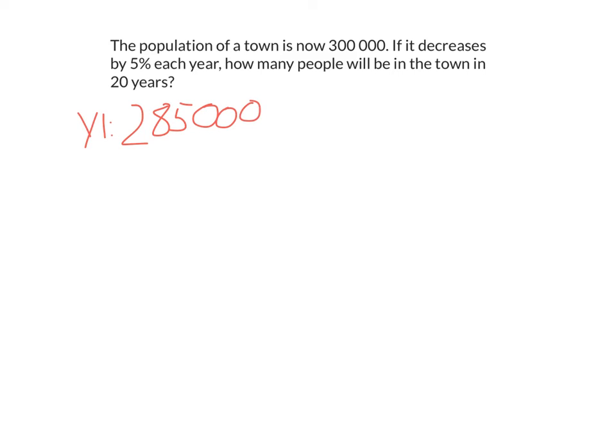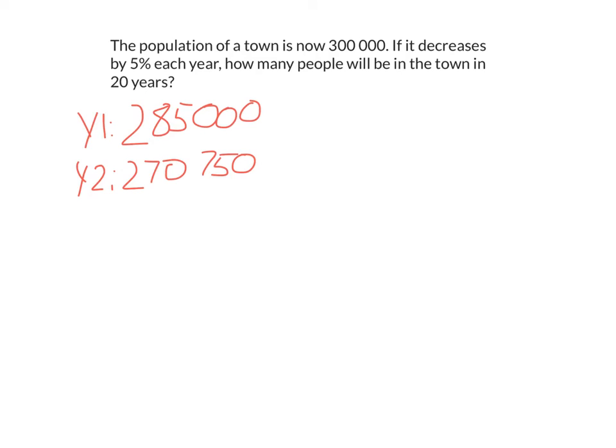So at the end of the second year, we don't decrease 300,000 now, we decrease 285,000 by 5%. And we end up with the number 270,750.